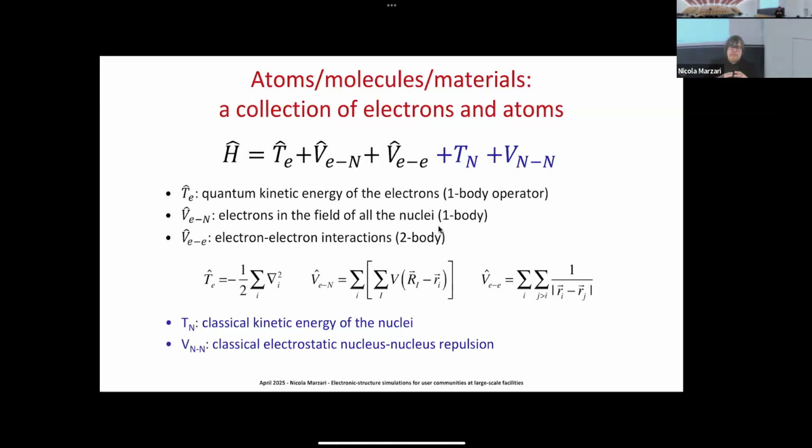So the equilibrium configuration of your water molecule corresponds to the lowest energy possible for this collection of electrons and atoms.